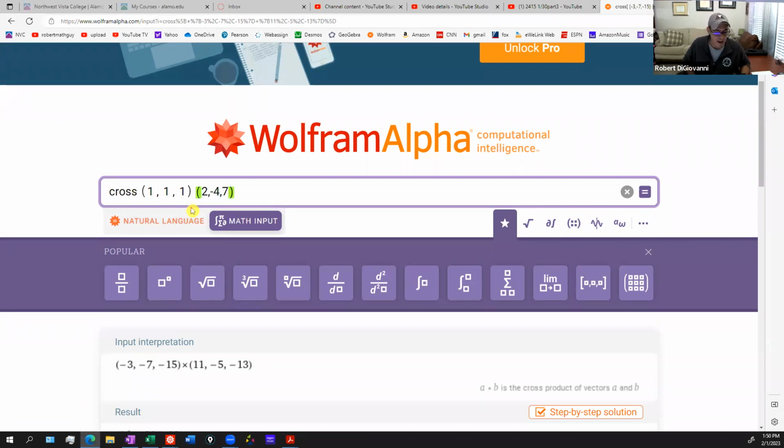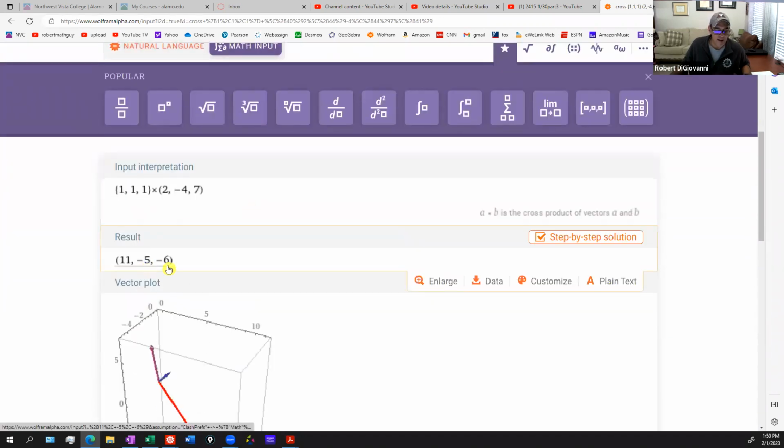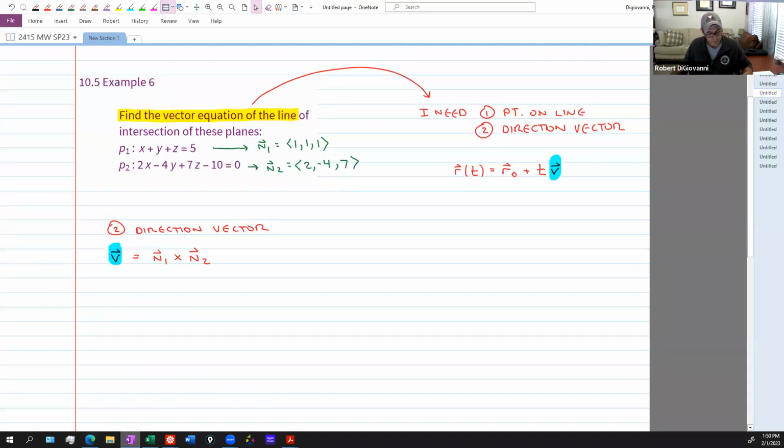I still think that's faster than if I would have done it by hand. 11, -5, -6. I left a space there so I could actually write down what I just did. I did 1, 1, 1, and I crossed it with the vector 2, -4, 7. There we go. And then from here to here, I used Wolfram to do this, right?